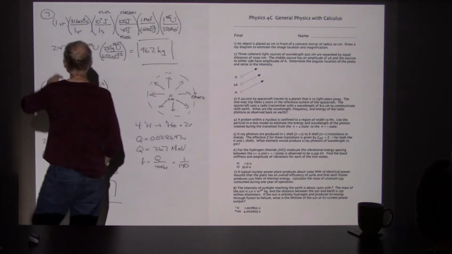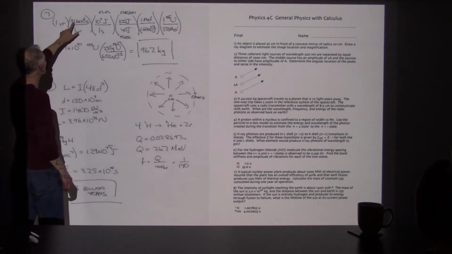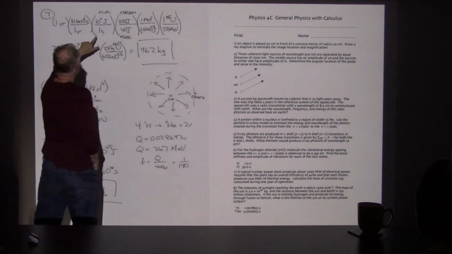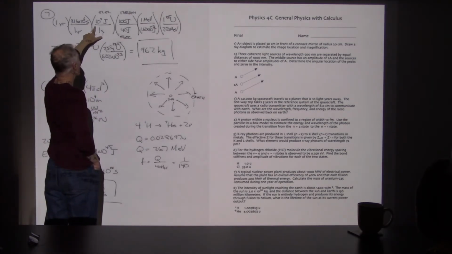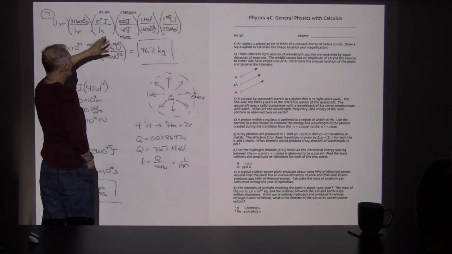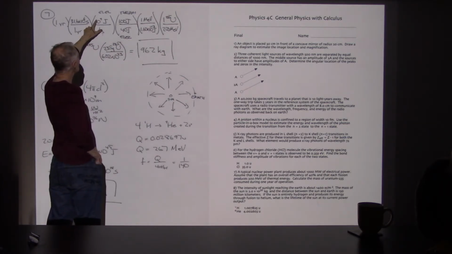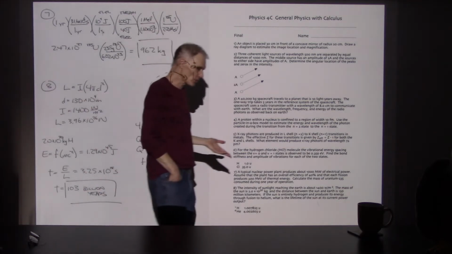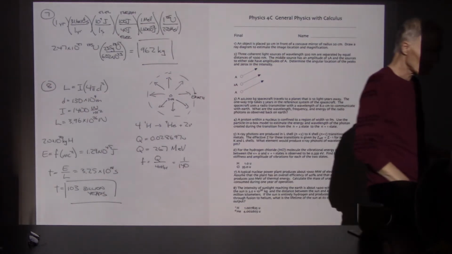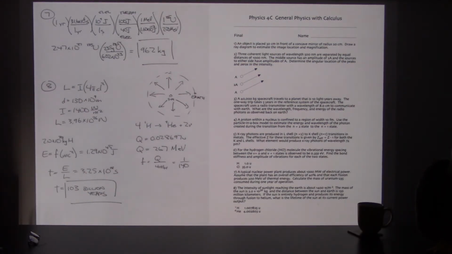So it says that we're going to operate the power plant for a year. There is my 31.6 million seconds each year. And here we are, there's my 1,000 megawatt power plant. And here is my efficiency. So what we're generating in the power plant is electricity. So if they say the power plant is 1,000 megawatts, that's 1,000 megawatts of electrical power.